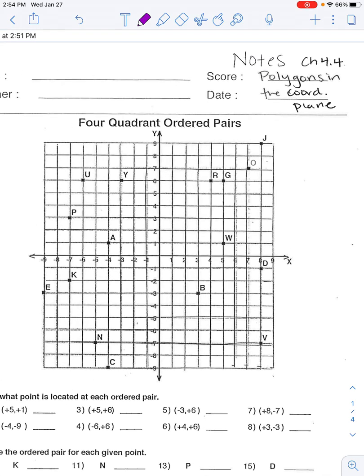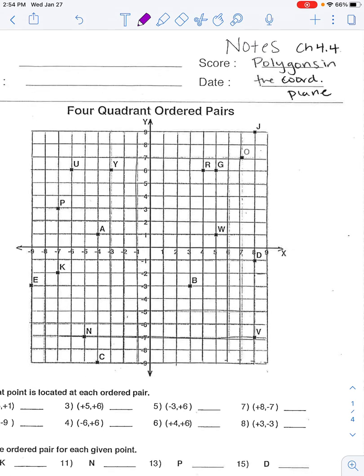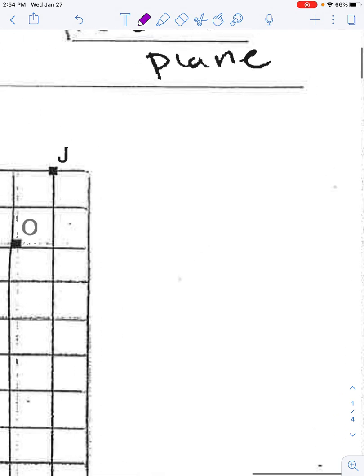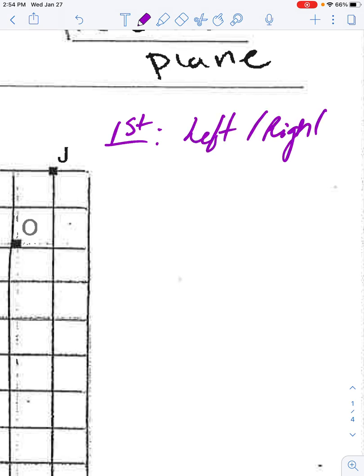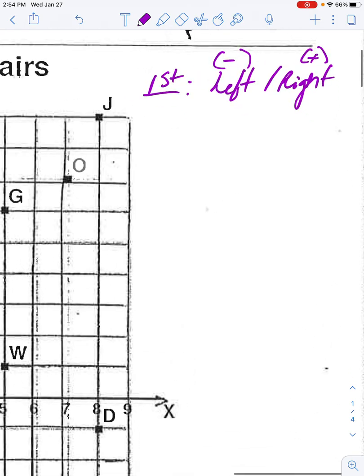When you plot points on a coordinate plane, I want you to write this down. First, you always go left or right. If you go left, those are negative numbers. If you go right, those are positive numbers. Second, you will go up or down.